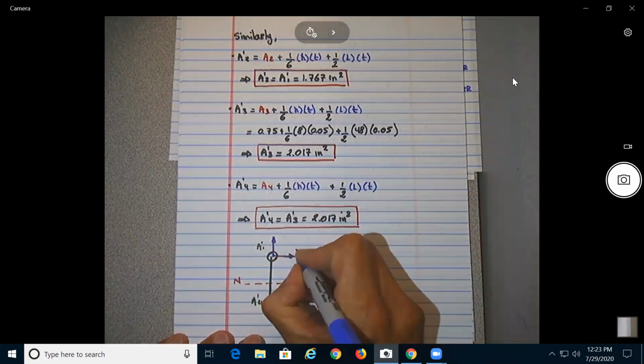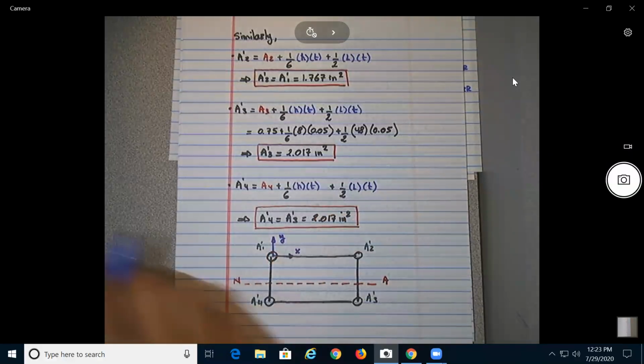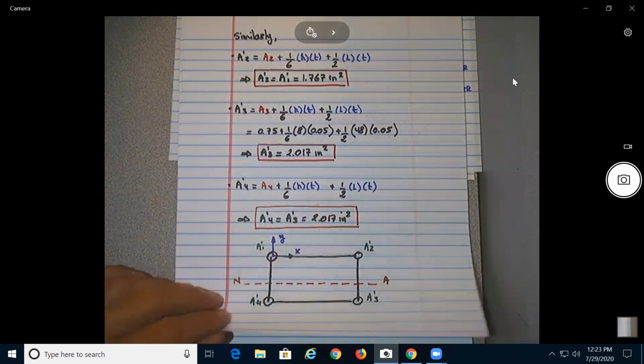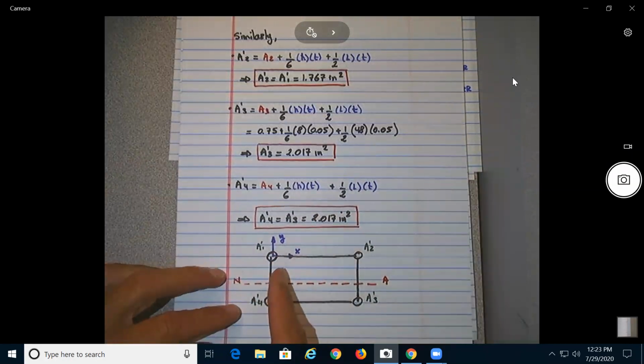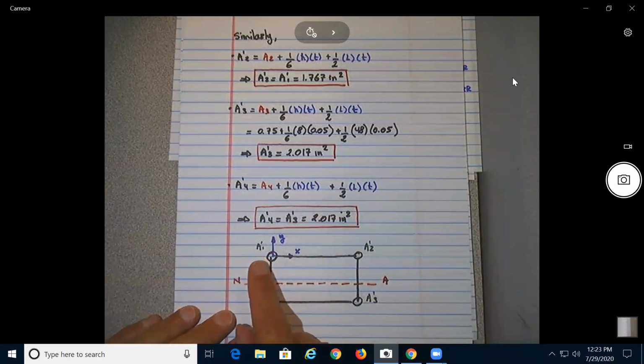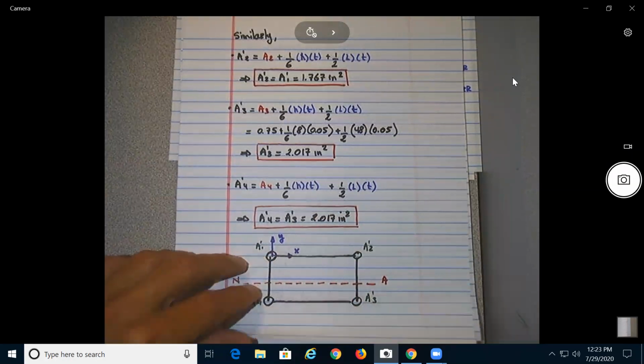Let's say this will be X and Y. That way we eliminate some values. If we put the origin here, the moments created by A prime 1 and A prime 2 will be 0. Only A prime 3 and A prime 4 will create a moment.